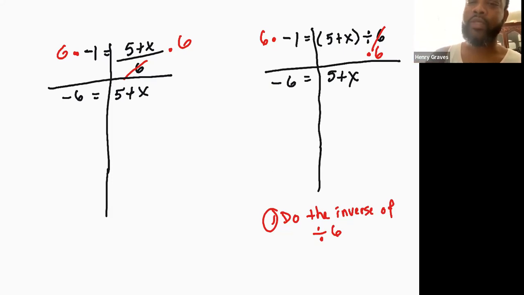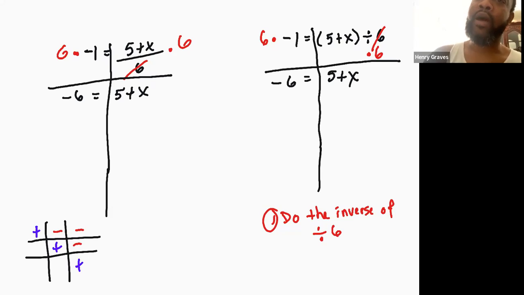There we go. So I have my tic-tac-toe right here. I'm going to go ahead and do my pluses, 3 in a row. Then I'm going to put a minus everywhere else. As you can see, for the problem we did here, I had a positive times a negative, which gives me a negative as my answer.